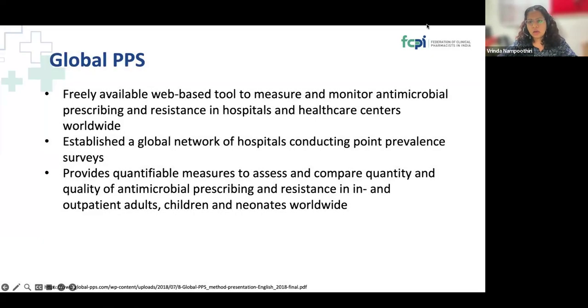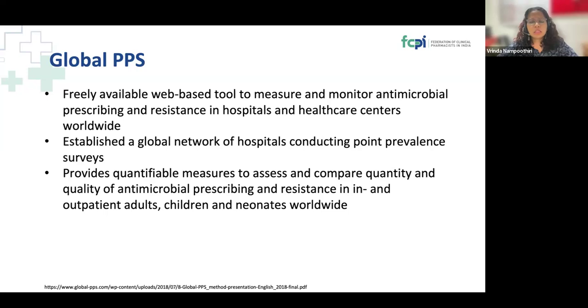The next one is global PPS. So global PPS is basically a freely available web-based tool to measure and monitor antimicrobial prescribing and resistance in hospitals and other healthcare centers worldwide.